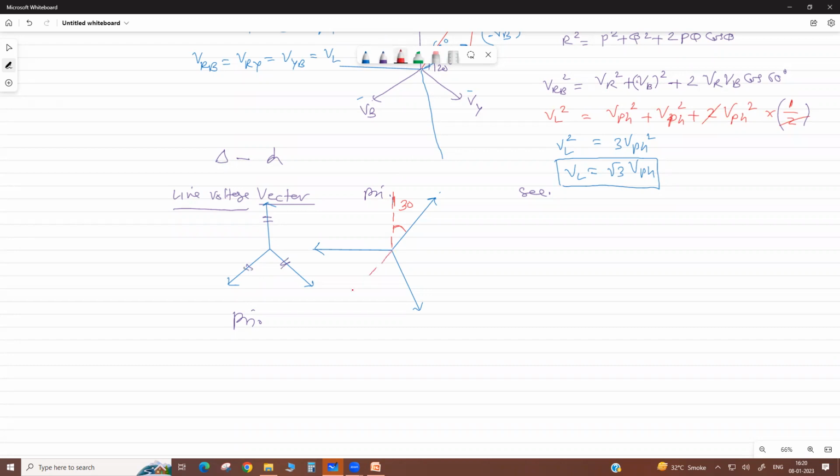This was the initial diagram. These are the star side, and these are the phase voltages.